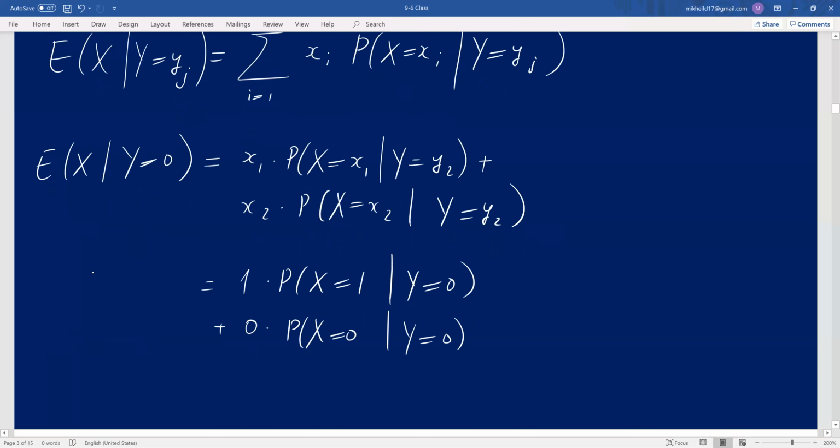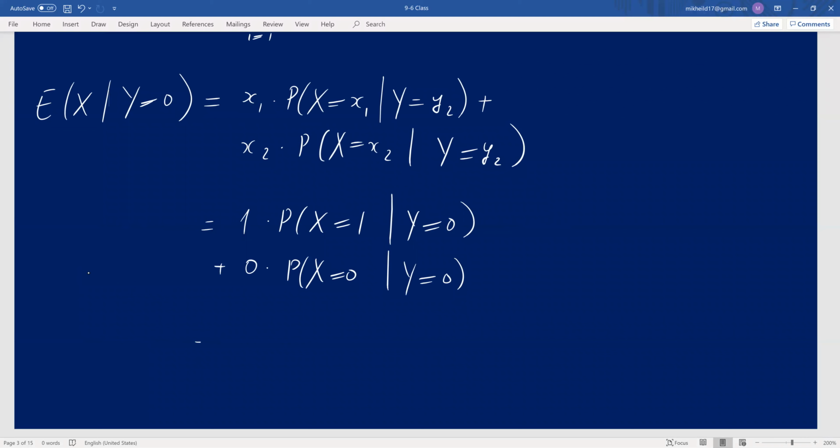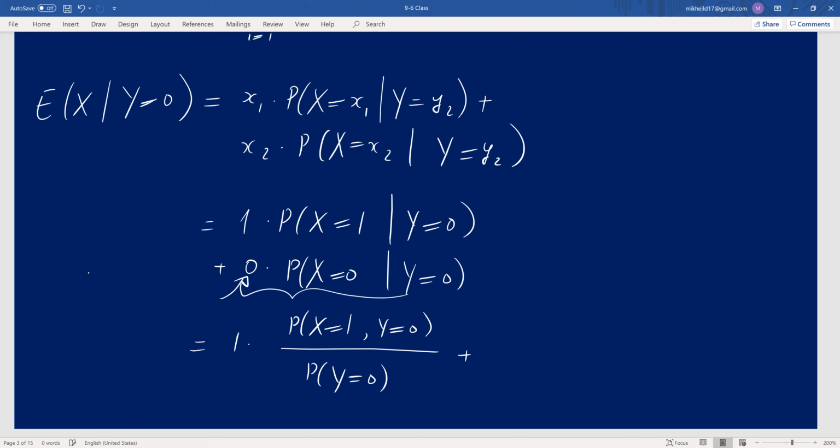So this equals 1 times, what is the probability that x equals 1 conditional on y equals 0? That's the probability that x equals 1 and y equals 0 divided by the probability that y equals 0. And then plus, in this case, this is 0 because you have 0 here, right? But I will write, this is 0 times the probability x equals 0 and y equals 0, divided by the probability that y equals 0.